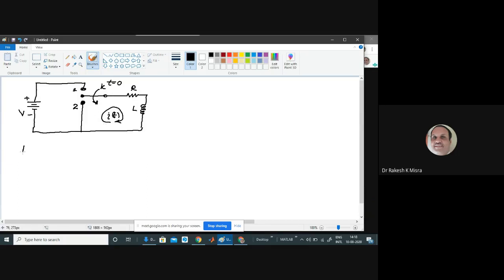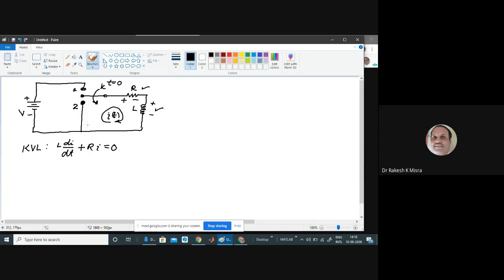We actually will be writing KVL. So when we write KVL, then we write voltage drop across this. So if current is going like this, drop will be plus to minus, here also plus to minus. This drop will be L di by dt. And this drop here will be Ri.